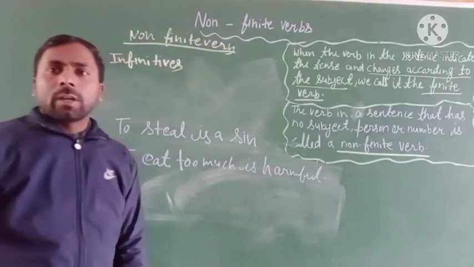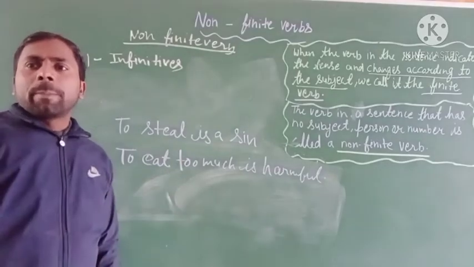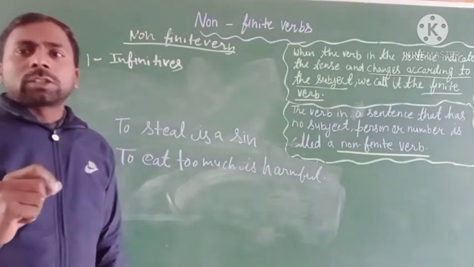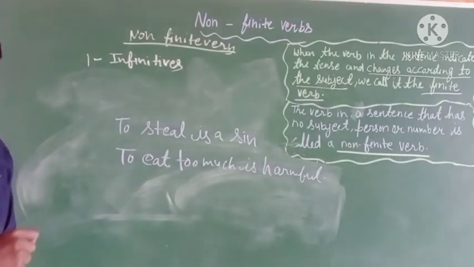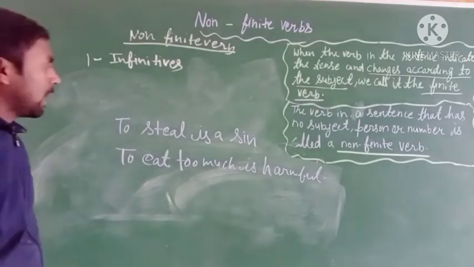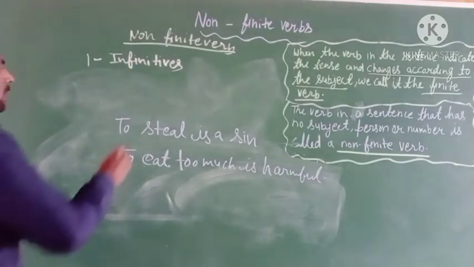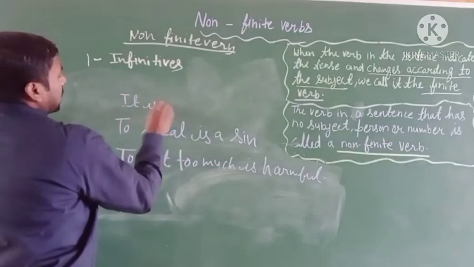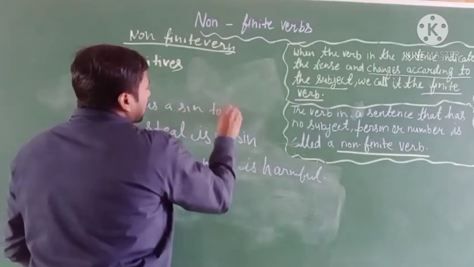So these sentences are grammatically correct, but sound strange. It is better to use "it" as a subject and the infinitive as an object in such a sentence. Here you have to write in a different way: it is a sin to steal.